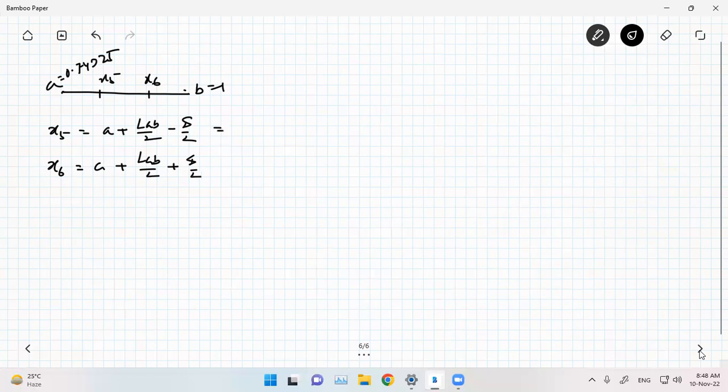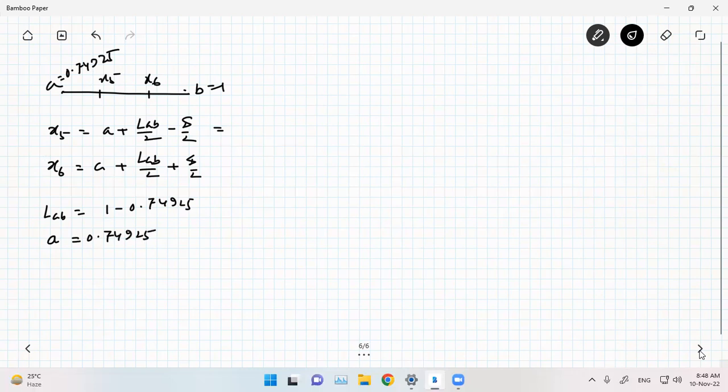And if you plug in the values, the new values of A as well as L_AB will be: L_AB will be 1 minus 0.74925, and new A is 0.74925.